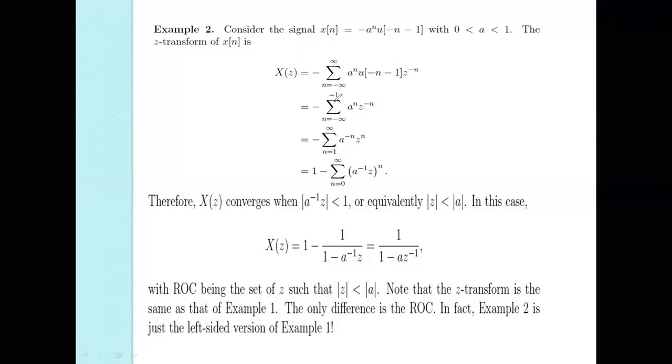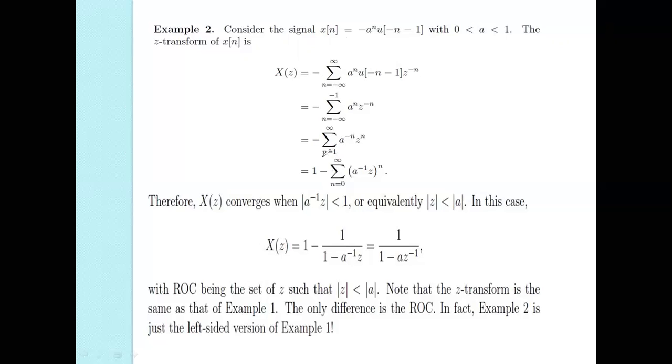I'm changing these signs to positive values and changing the powers, positive to negative and negative to positive. So why did they write 1 minus? Because it starts from n equal to 1.